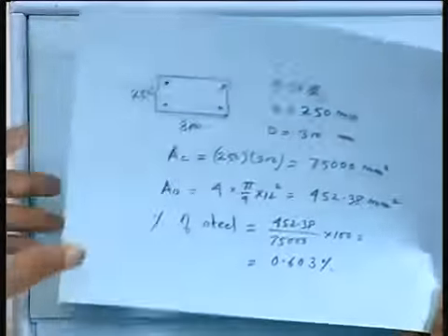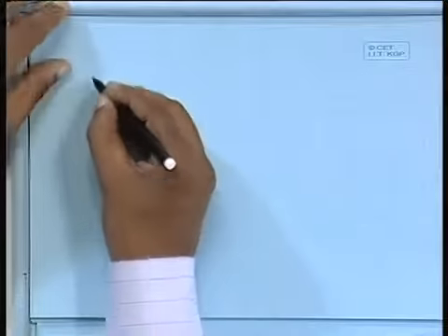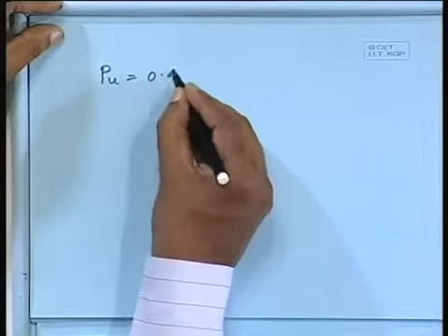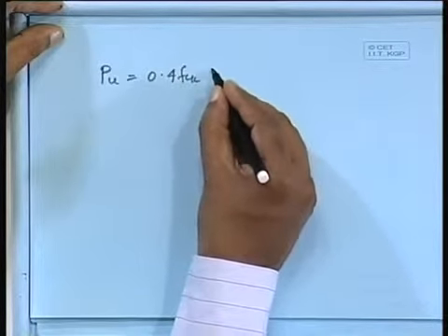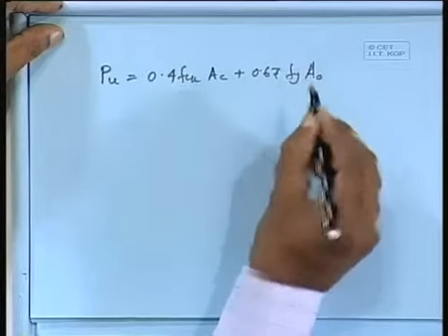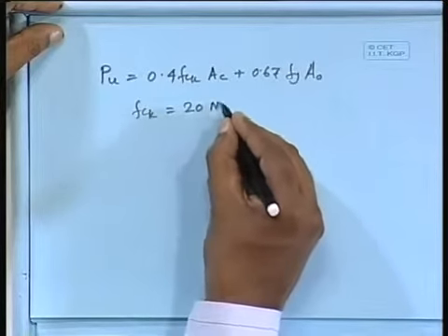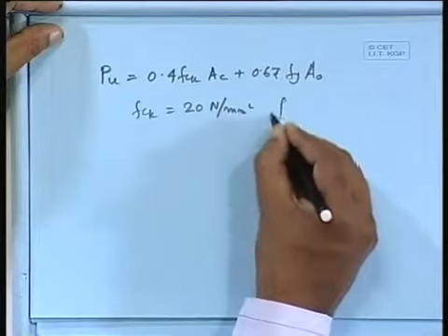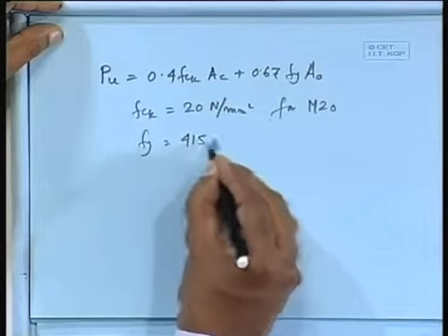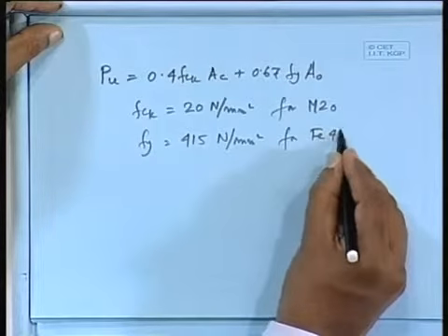Let us find out first. Pu equal to 0.4 fck Ac plus 0.67 fy As. Let us take fck equal to 20, M20, fy 415 Newton per square millimeter for Fe415.